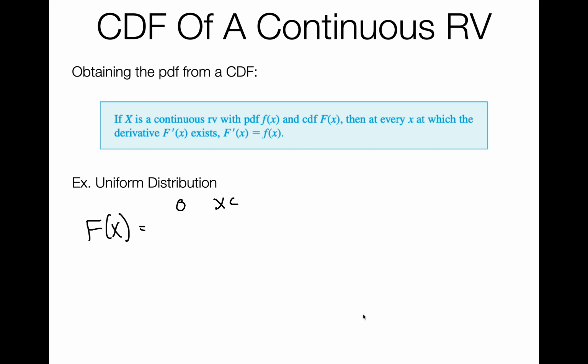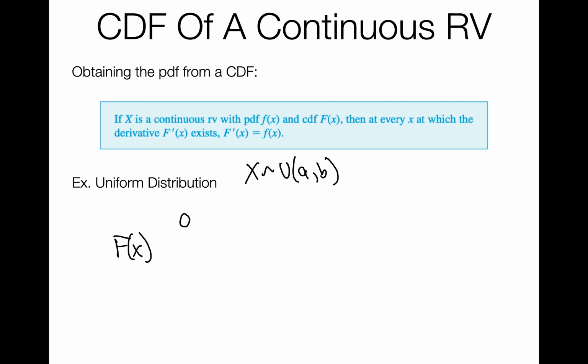If X has a uniform distribution on the interval a to b, then the CDF is 0 when x is less than a, (x minus a) over (b minus a) when x is between a and b, and 1 when x is greater than b.